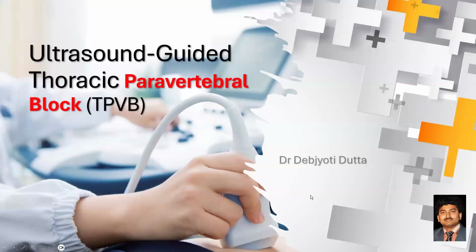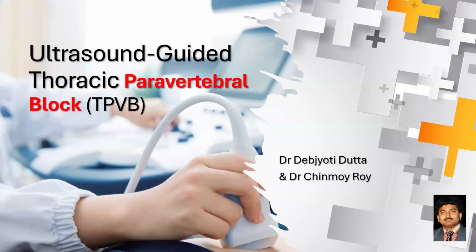Okay, so let us continue with the paravertebral block. Paravertebral block is again one of the older blocks. As you were saying that the procedure is risky, it is the same here. This procedure also has some risk because you are going very close to the pleura.